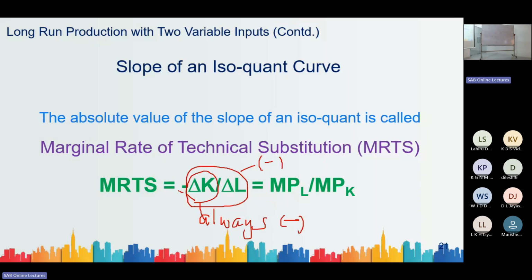So this negative number multiplied by another negative sign, the result will be positive, because we want to express marginal rate of technical substitution as a positive number.